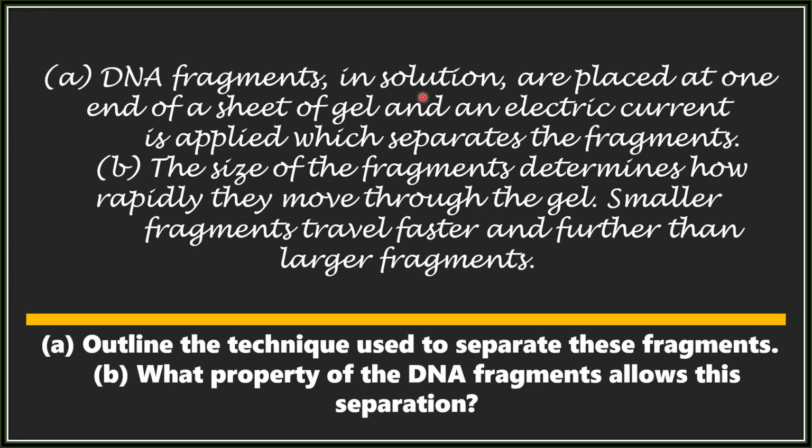DNA fragments in solution are placed at one end of a sheet of gel, and an electric current is applied which separates the fragments. The size of fragments determines how rapidly they move through the gel. Smaller fragments travel faster and farther than larger fragments.